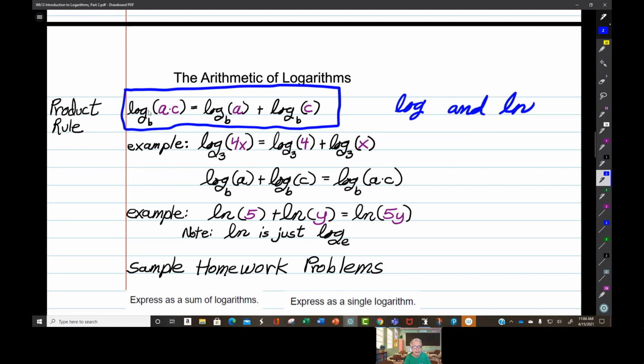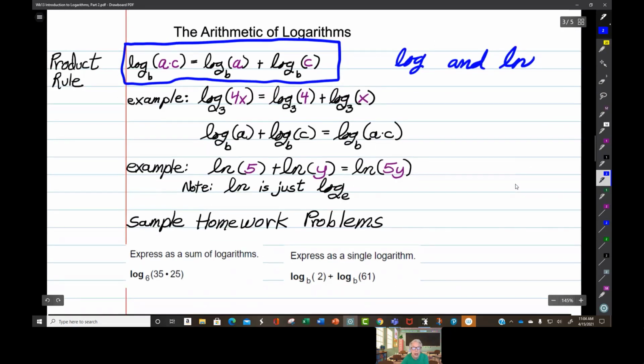All right, so what am I saying here? I'm saying this. Suppose you have log base 3 of 4x. Just suppose. Well, that's going to equal log base 3 of 4 plus log base 3 of x. And it works the other way around as well.